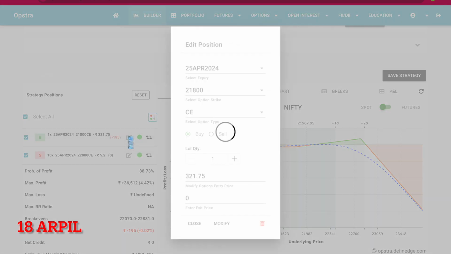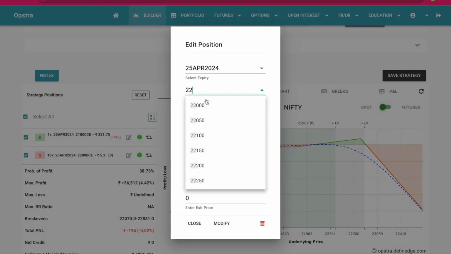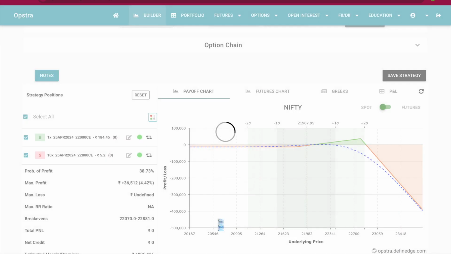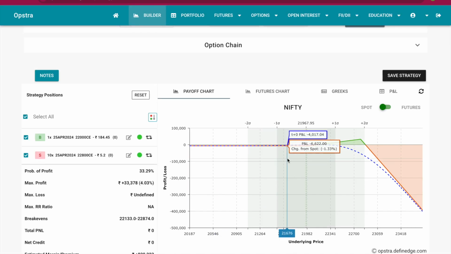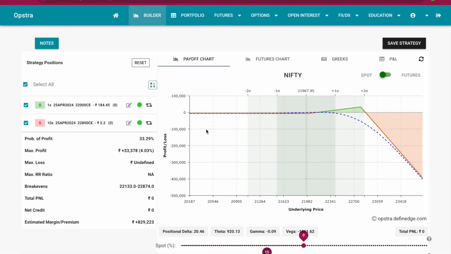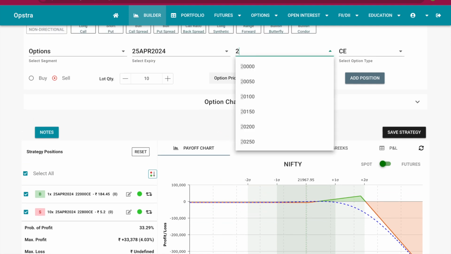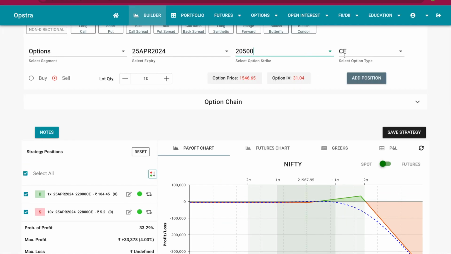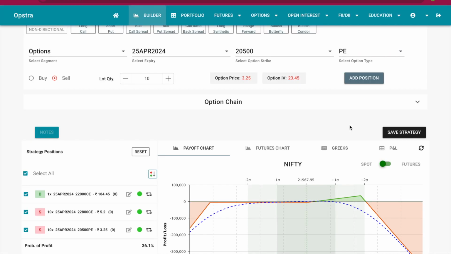And what we need to do is we have to buy 22,000 and let's see what we are getting. Bottom, I think we can actually just go ahead and sell 20,500 PE to subsidize a little bit, 3 rupees.